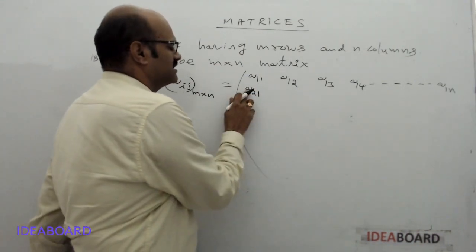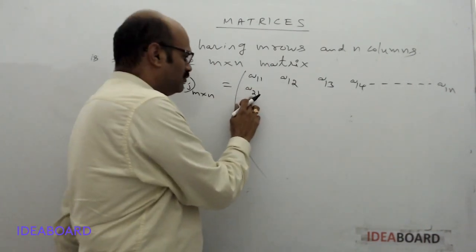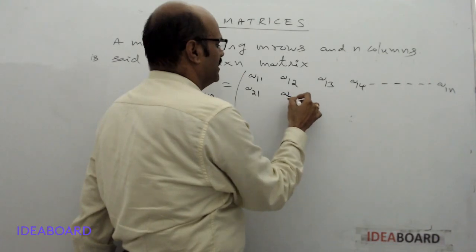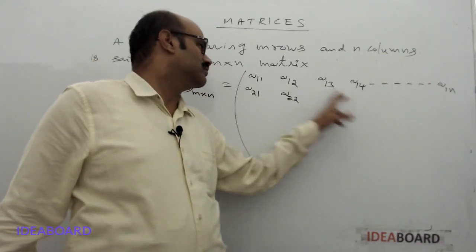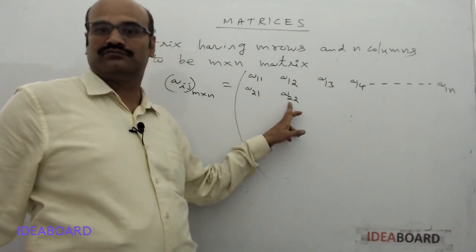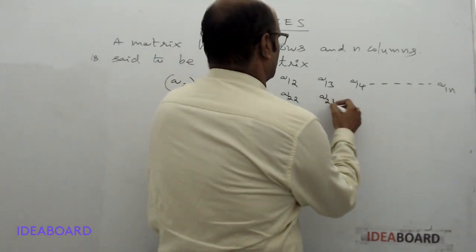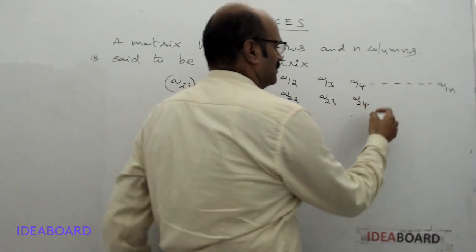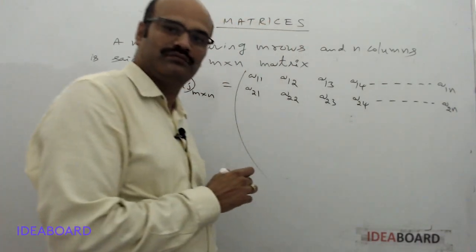Since this element lies in the second row and first column, A21. Next one is A22. Second row, second column. So A22. Next element is A23, A24 and so on. Last element is A2n in second row.